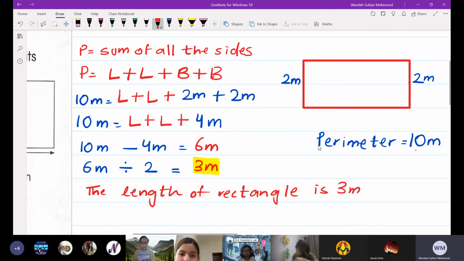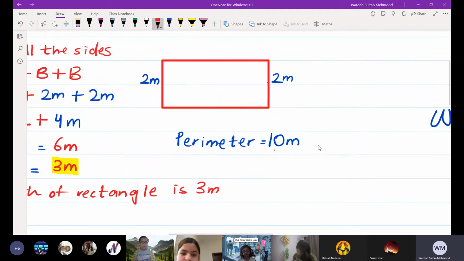So I'm going to write the missing length here. It's 3 meters, and of course the same for the other side. You can always check back if you found the right length or not. How? Now you have all the lengths. Get the sum, because perimeter means the sum of all the sides. 3 plus 2, 5, plus 3, 8, plus 2, 10. Yes, my answer is correct. If I got something else, that means I did something wrong.